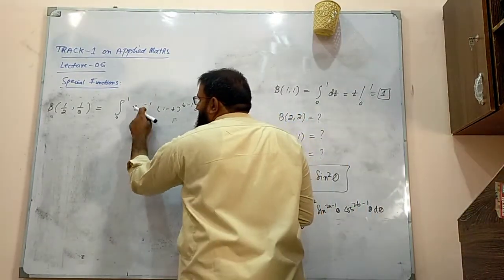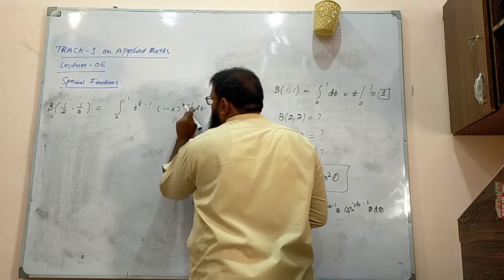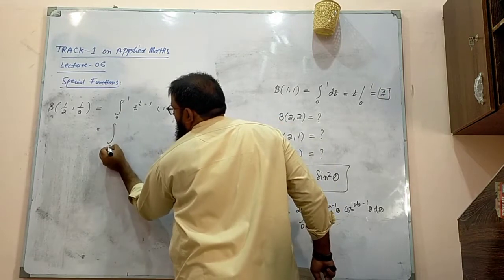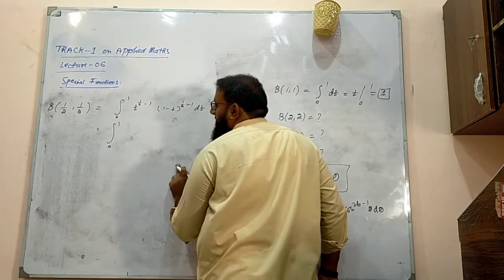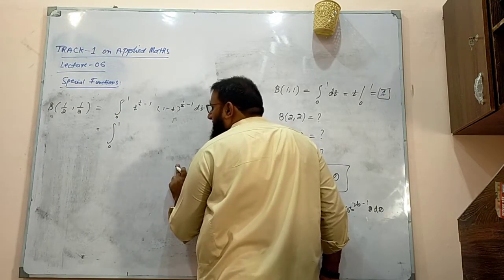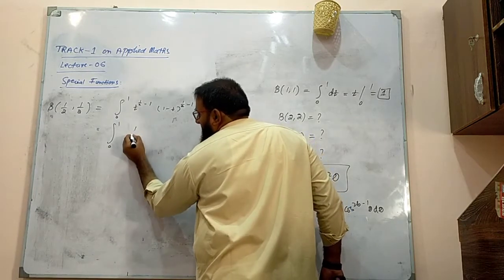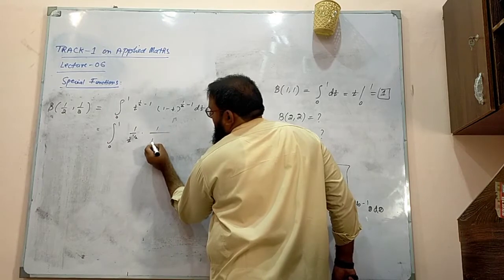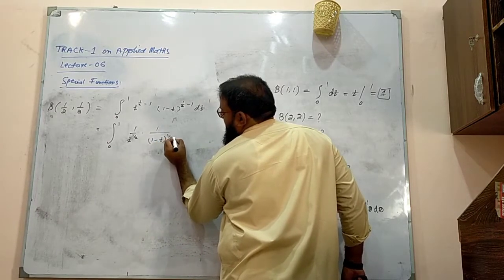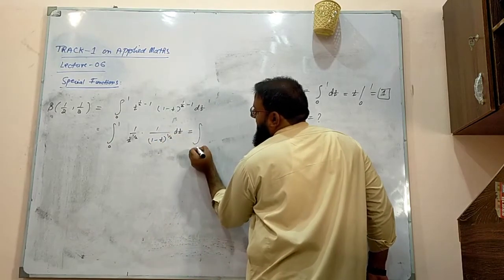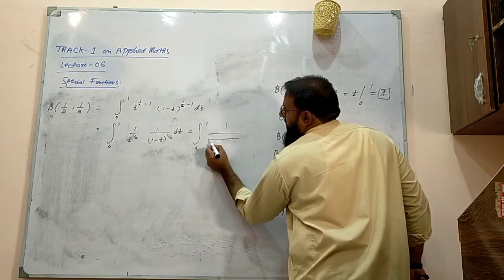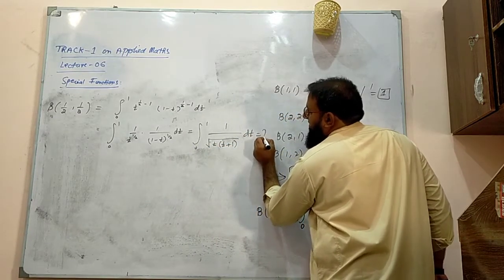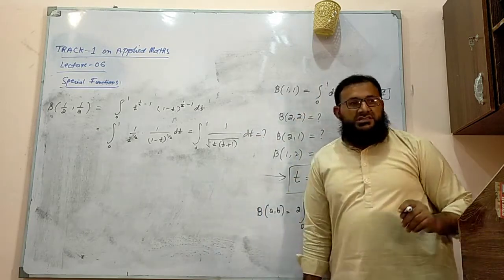What am I doing? I am just substituting 1/2. So this will be 0 to 1, t power 1/2 minus 1 and 1 minus t power 1/2 minus 1, and you know very well we can write this thing as 1 over the square root of t times 1 minus t dt.